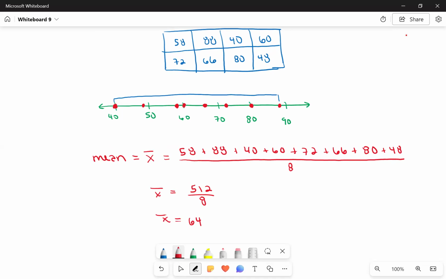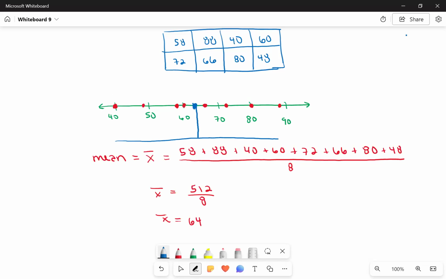Okay, so now let me go ahead and draw that on my graph here, okay? So 64 would be probably somewhere around in here. Here is the mean. And when I kind of look at it like that, now it looks like I'm kind of splitting the data a little bit in half, right? I'm going to go ahead and erase my little top bar here so not to confuse us.